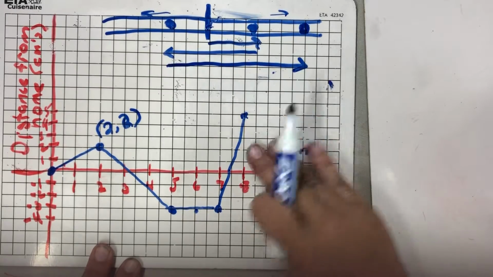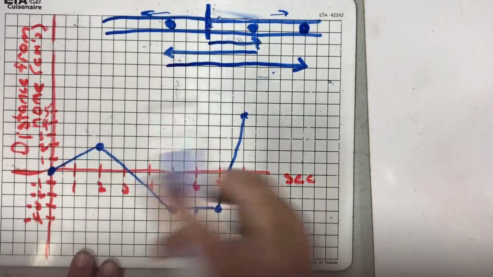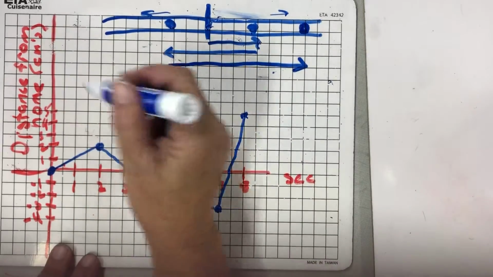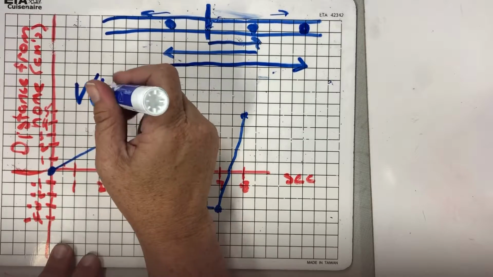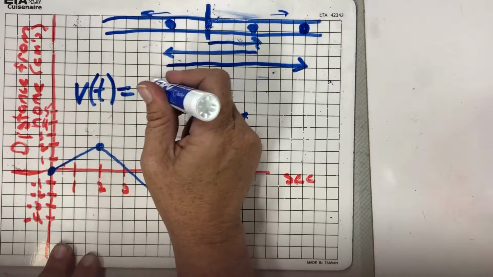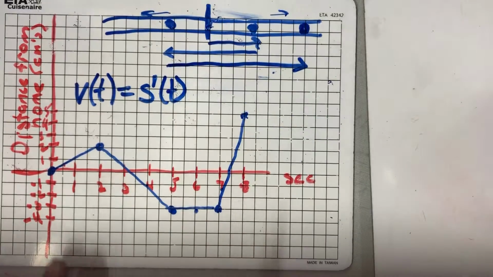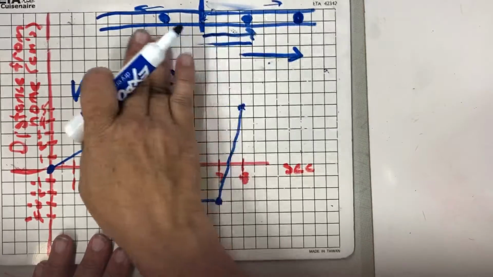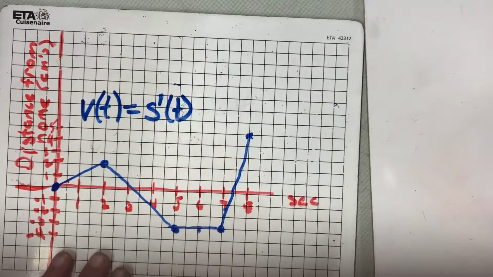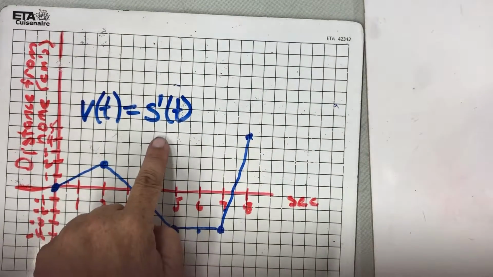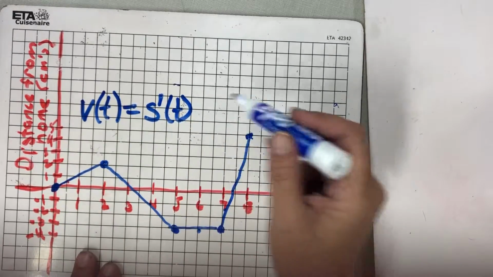So now, if we want velocity, we know that velocity is the derivative of position. So what that tells us is that when we're thinking about velocity, we're thinking about the slopes of the position.